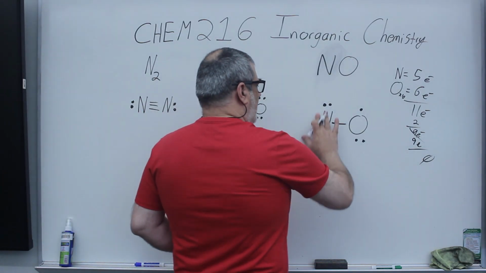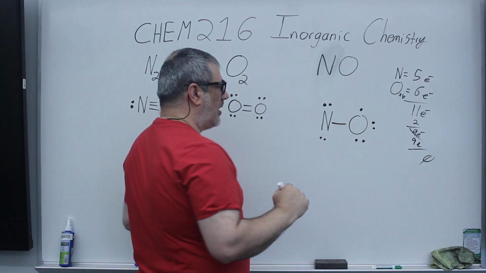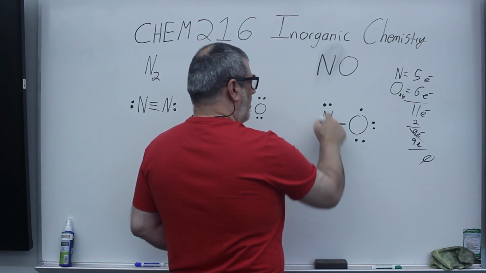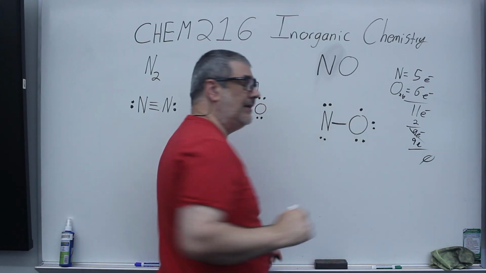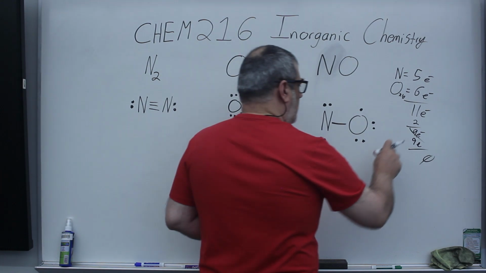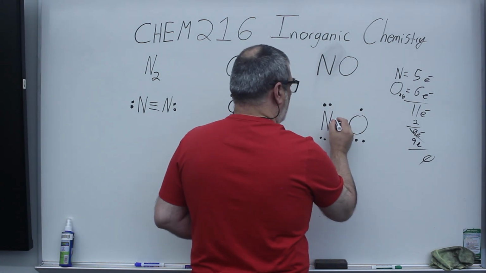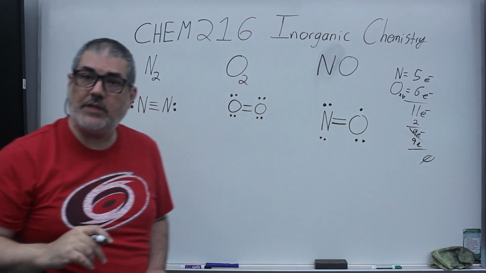If I do this, take some electrons, again, 2, 4, 6. That doesn't obey the octet rule. 2, 4, 6, 7. That's still not obeying the octet rule, but it's a little bit better. Well, what I'm going to do is take a lone pair, and now I'm going to make it into a double bond.